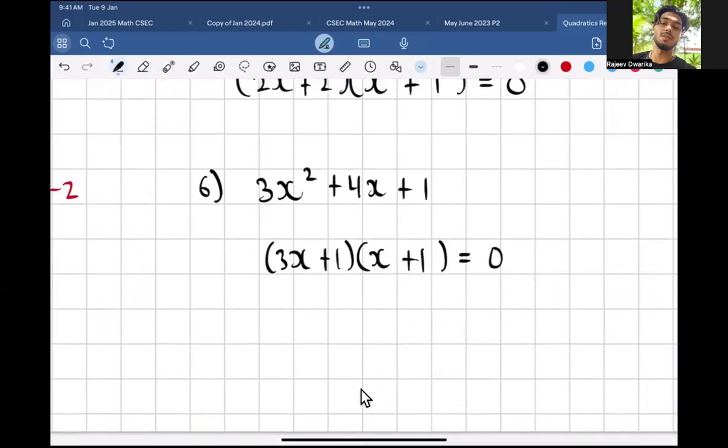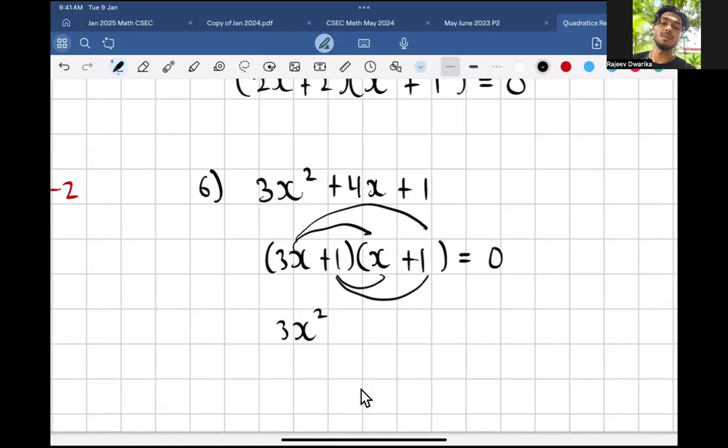So Vid, how would I expand this? So the 3x by the x, then the 3x by the 1.